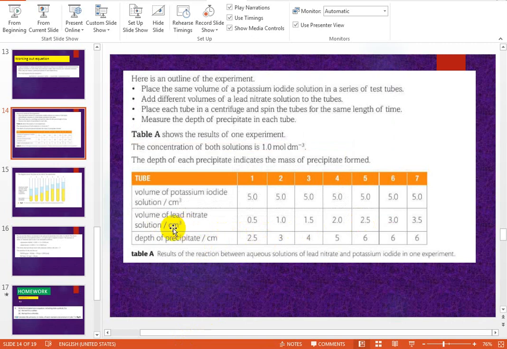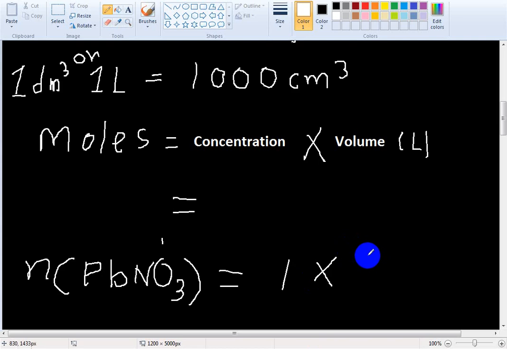So what can I do? This is given as 2.5. To convert into cubic decimeter, I must divide by 1000.